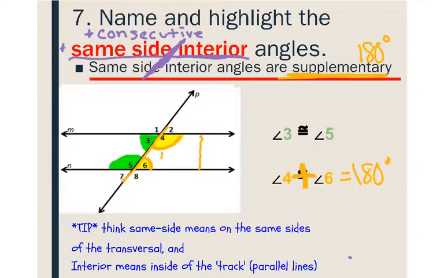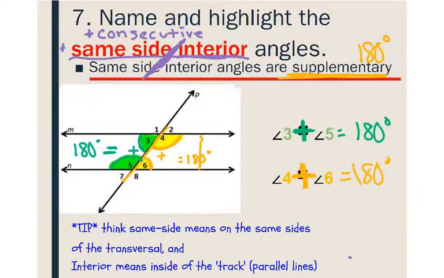Angle 4 plus angle 6 equals 180 degrees. Angle 3 plus angle 5 is 180 degrees. So angle 3 plus angle 5 equal 180 degrees because they are same side or consecutive interior angles.